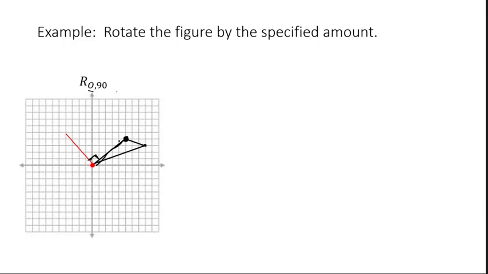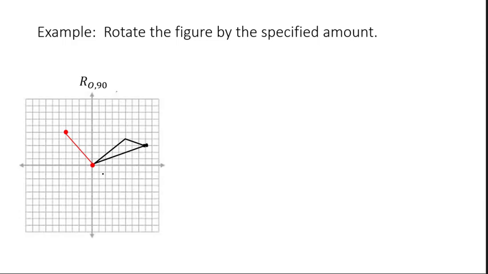Make sure that it's 90 degrees, and then you can find the measurement from the center to this vertex, and go that same distance up here to find where the point would go when you rotate it. So this point right there is our second vertex, with the first vertex being right there on the rotation point.